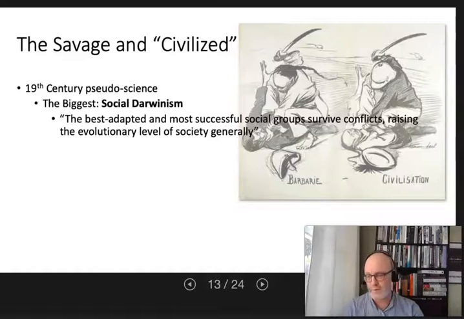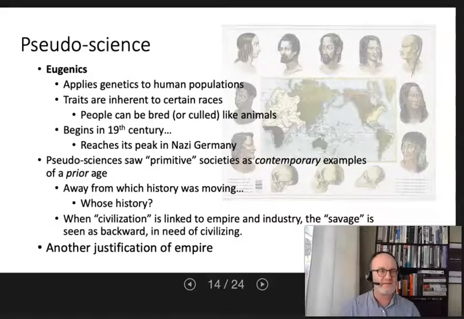And social Darwinism and eugenics, this is the scientific basis for a lot of anti-immigrant policies. They're saying, look, the latest science says that these people are genetically inferior, or they're not as well adapted, or their race is naturally going to die out.